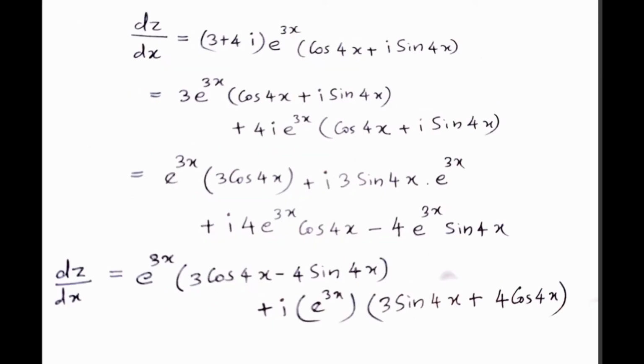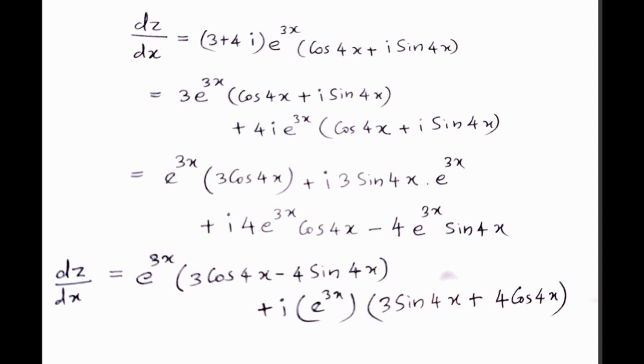Now dz by dx equals (3 plus 4i) into e raised to 3x into (cos 4x plus i sin 4x), that is equal to 3 into e raised to 3x into (cos 4x plus i sin 4x) plus 4i into e raised to 3x into (cos 4x plus i sin 4x). That is equal to e raised to 3x into 3 cos 4x plus i into 3 sin 4x, plus i into 4 e raised to 3x cos 4x minus 4 e raised to 3x sin 4x.